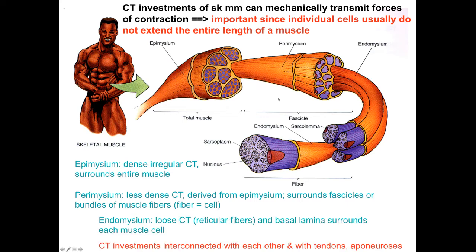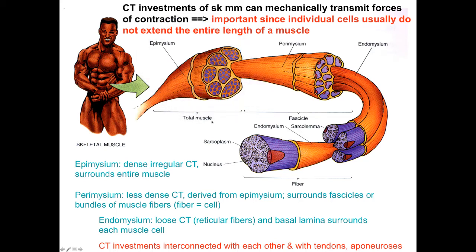So if we were to go backwards on this diagram, here's an individual muscle cell surrounded by its endomysium. Here are a cluster of muscle cells surrounded by a perimysium, and then here are a bunch of these fascicles now surrounded by the epimysium.